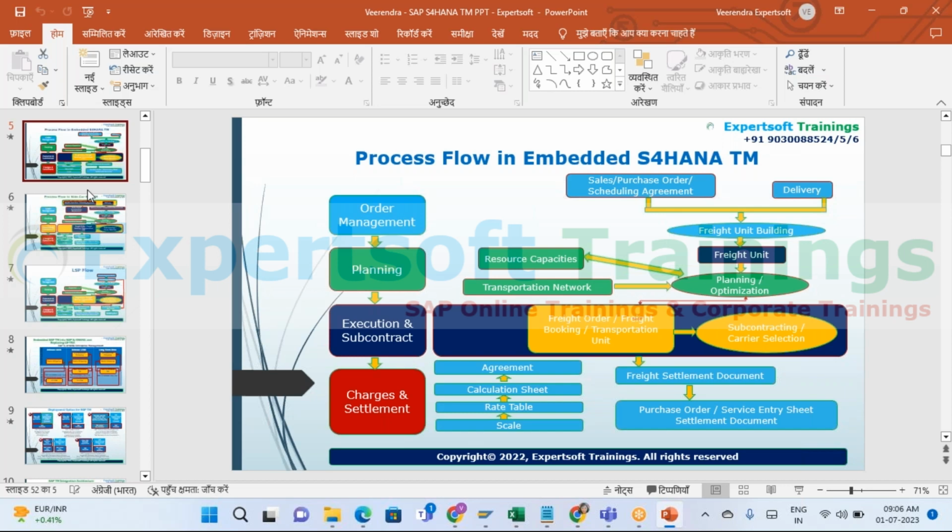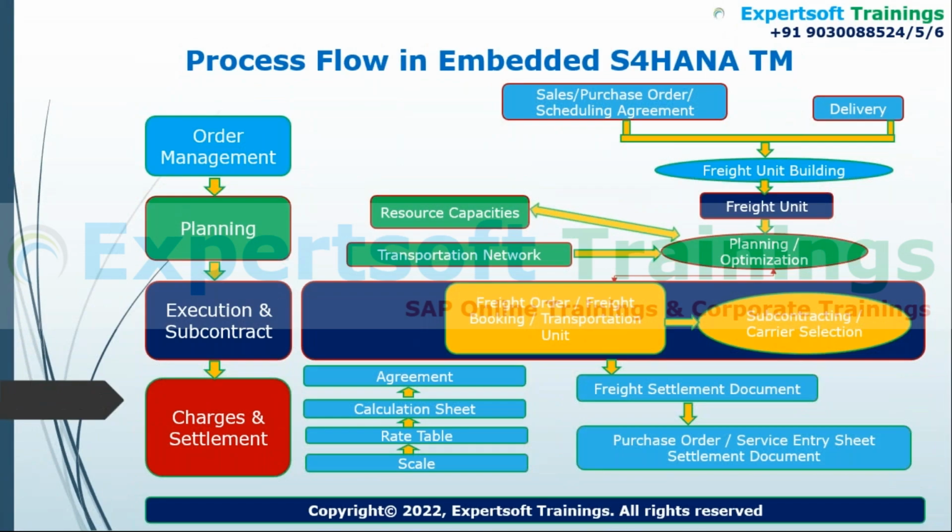Okay. So today, any other question? One thing more, since it's an embedded system, there are companies like service providers, logistics companies wherein there is no S4HANA system. So how do companies go for that?